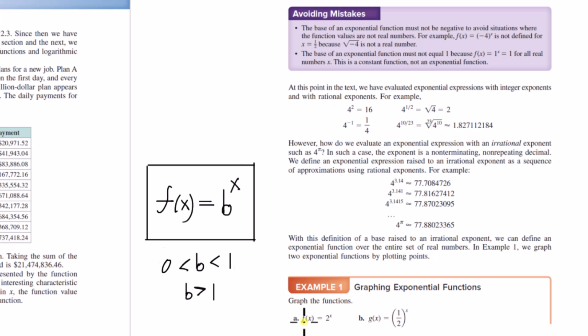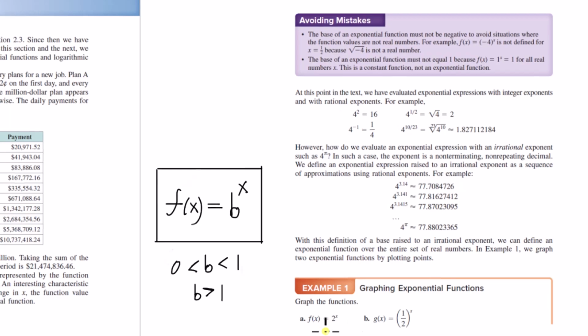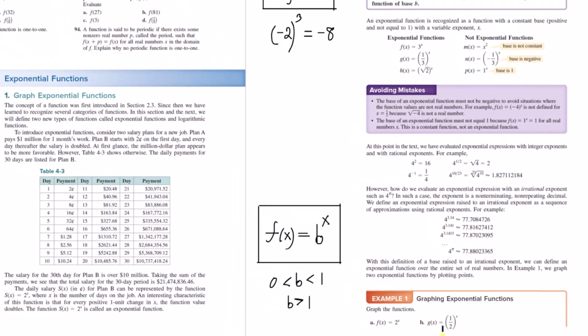And so with that, let's take a look at the graphs of these two exponential functions. We've got 2 to the power x and 1/2 to the power x. So we've got an exponential growth case and an exponential decay case.